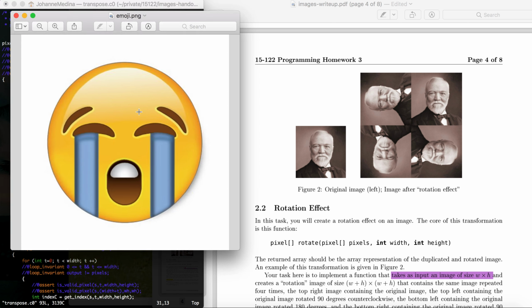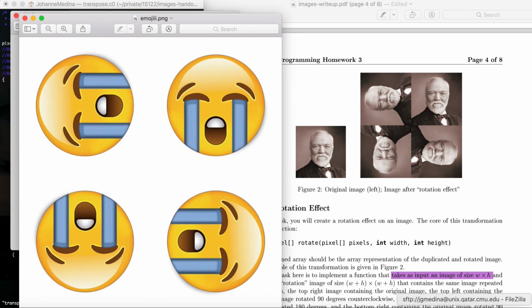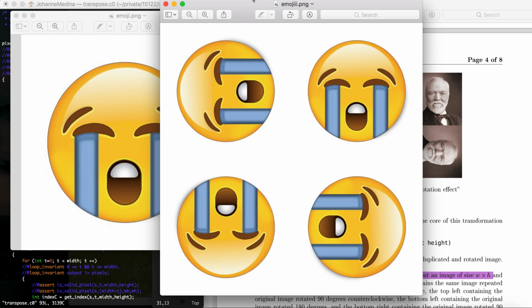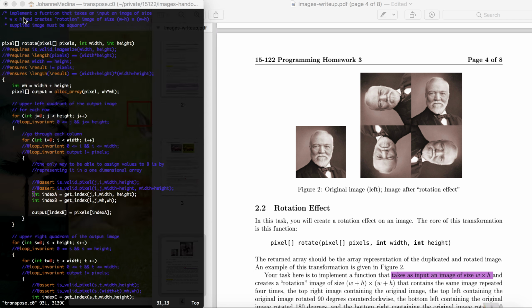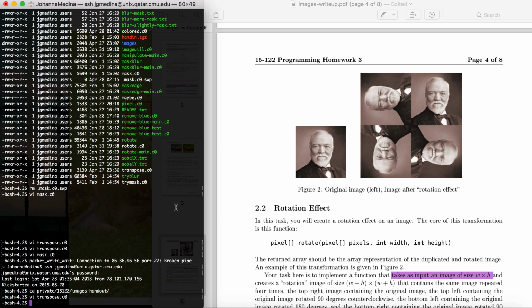So given this picture, I was able to create this, which is just the rotation of this, and this, the rotation of this, and this here, which is just a transpose, basically. A really simple concept that we usually take for granted, but actually creates great results.